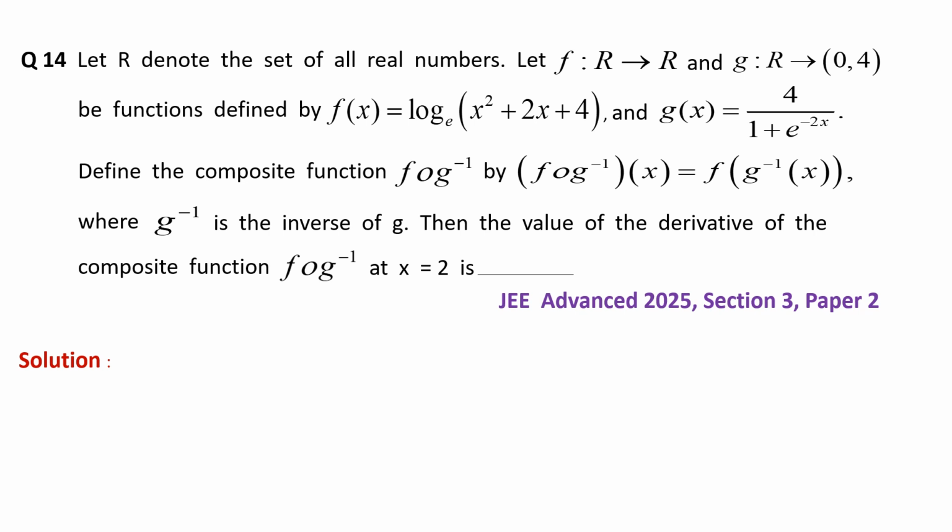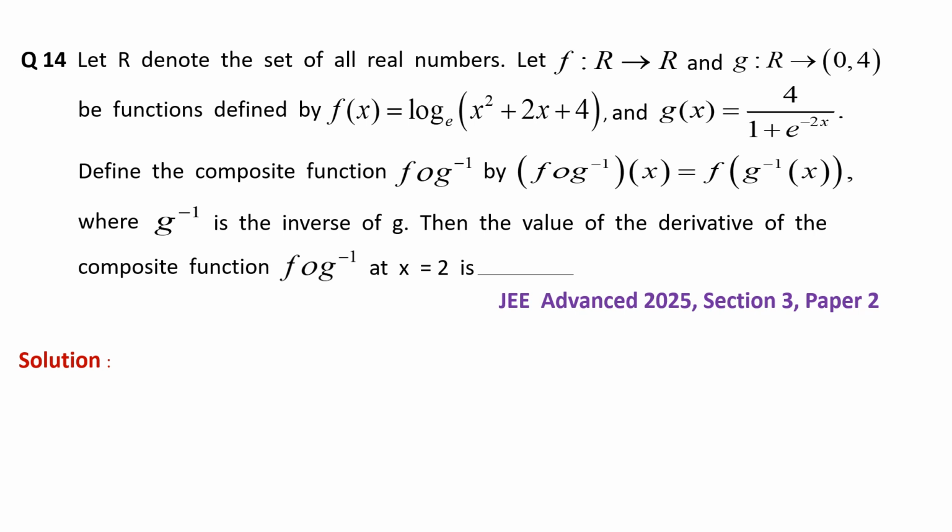Define the composite function f of g inverse by f of g inverse of x equal to f of g inverse x, where g inverse is the inverse of g. Then the value of the derivative of the composite function f of g inverse at x equal to 2 is.